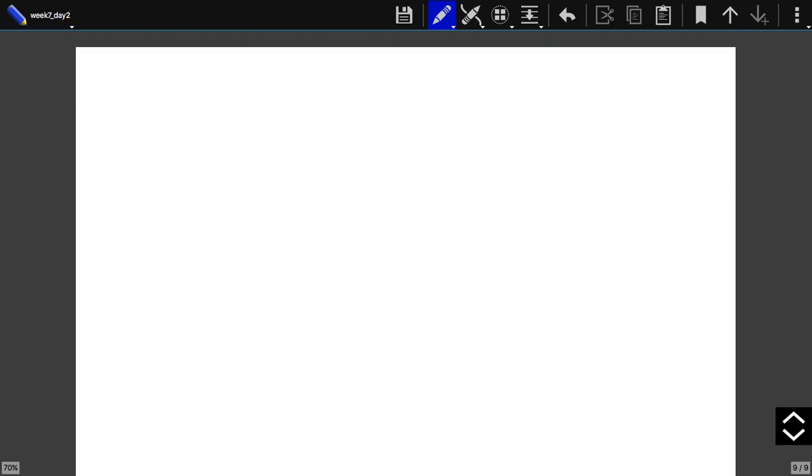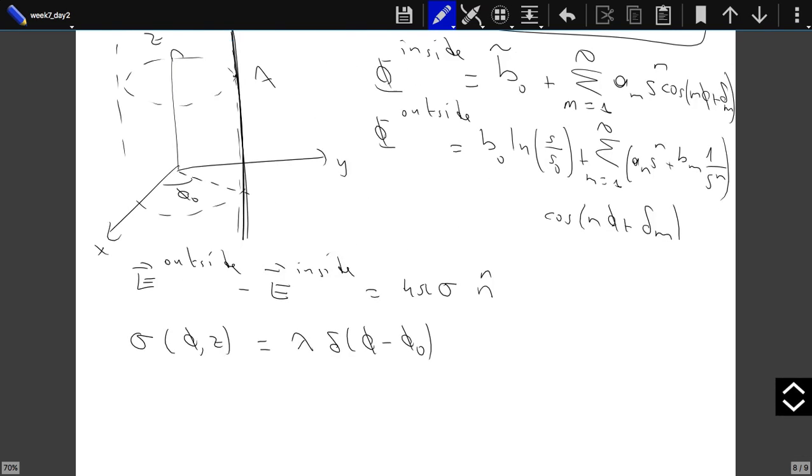Now I know that the potential has to be continuous on the surface. Well, let me put a delta over here also. The deltas can be different. So the continuity tells me that B0 tilde plus m is equal to 1 to infinity am, let's say the radius is r to the power m cosine m phi plus delta m.